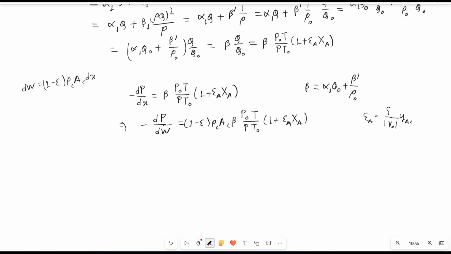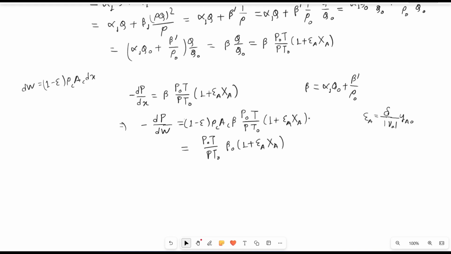This is to be known. This is delta. Now this again can be written as some P naught T by PT naught, some beta naught, 1 plus epsilon A xA.